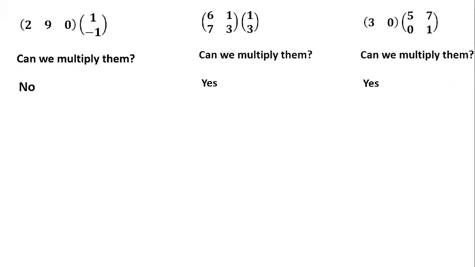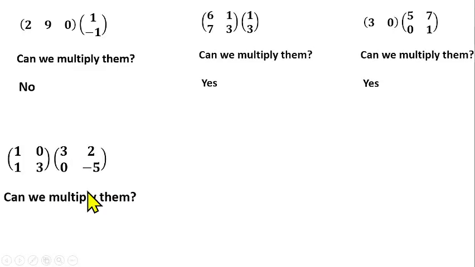Do you understand that? Let's see another one. Look at these 2 matrices. Can we multiply them out? Yes. The number of elements in the row is 2, and in the column is 2. So that means we can multiply them out.